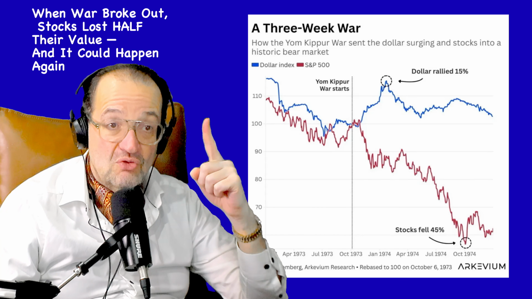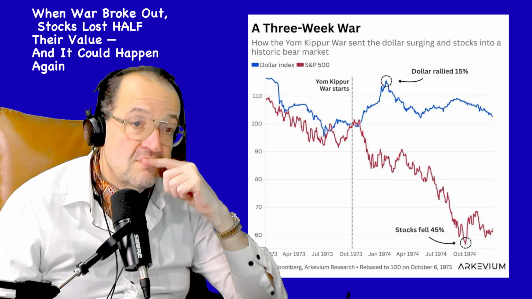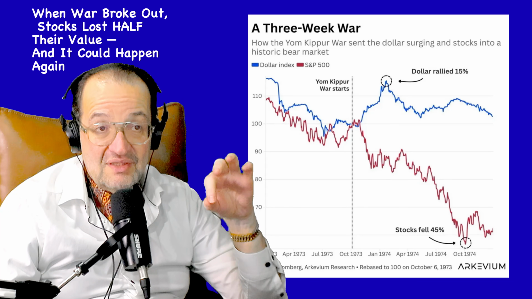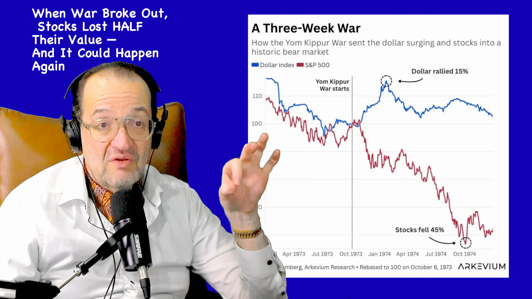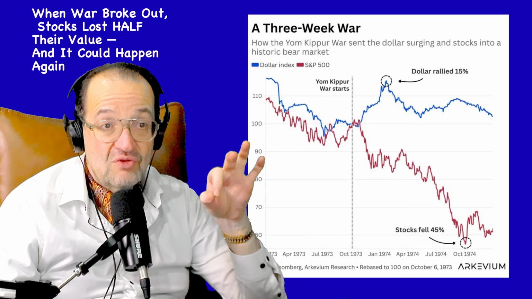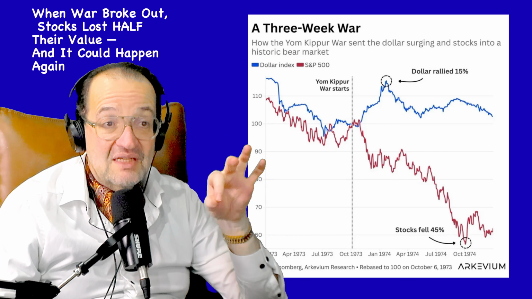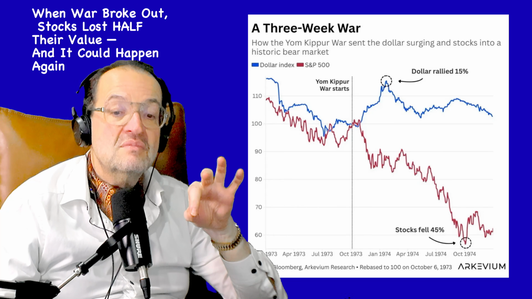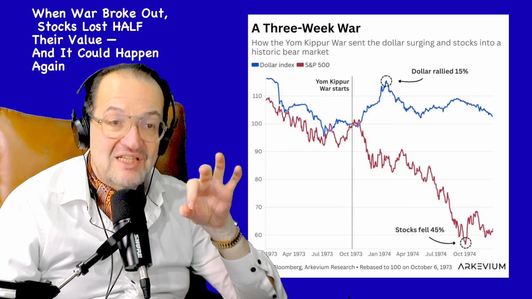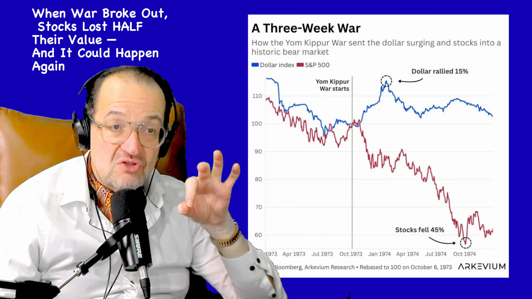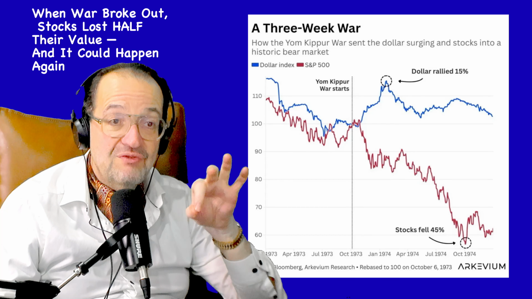That is what is called the petrodollar system. So when oil prices exploded, when the cost of every barrel quadruples, countries all over the world suddenly needed 4 times as many dollars to buy the same amount of oil. Demand for dollars goes through the roof, and when demand goes up, the price goes up. That is your 15% dollar rally.